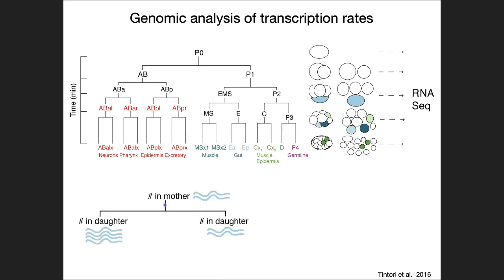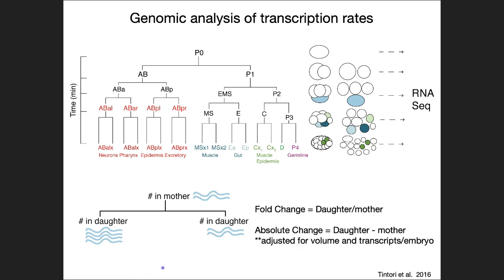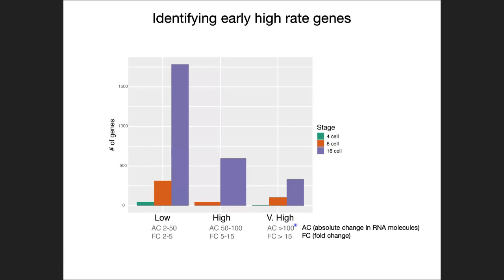And so basically the idea here is, can we learn something about absolute levels of transcripts from single cell data? Which we know has biases from sequencing. So is this accurate? We went ahead and calculated the number of UMI or number of reads, depending on the data set, in a mother cell compared to the daughter cell, and used that to infer how much new transcript has been produced in that one cell division, and used a series of cutoffs to basically find genes that we thought were expressed at exceptionally high levels.